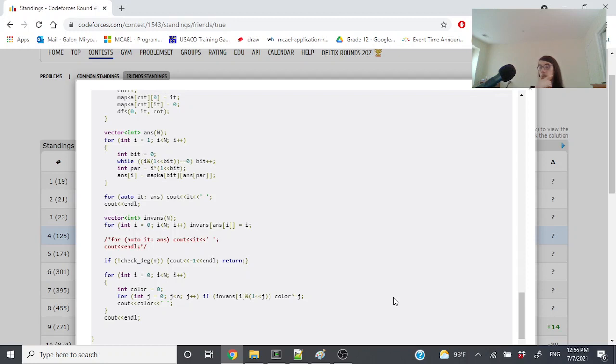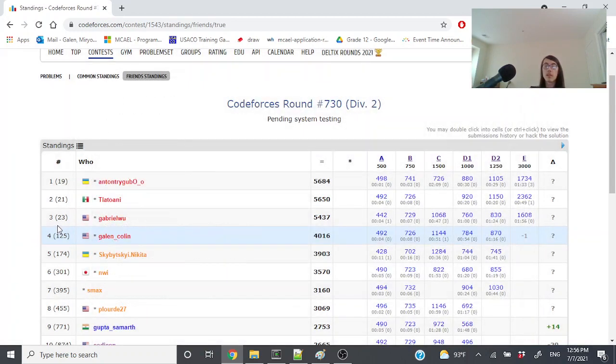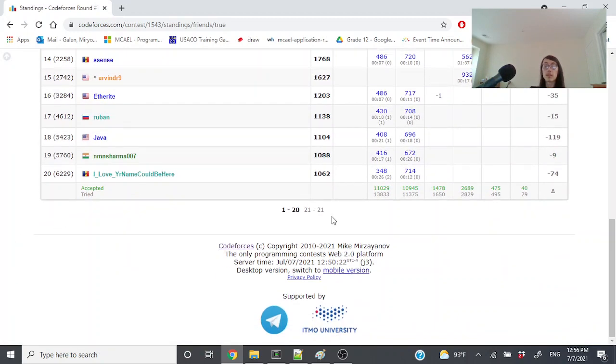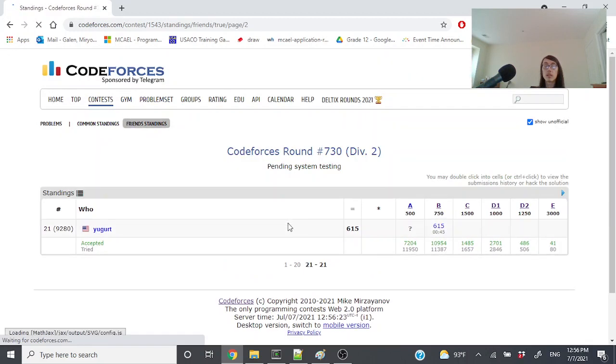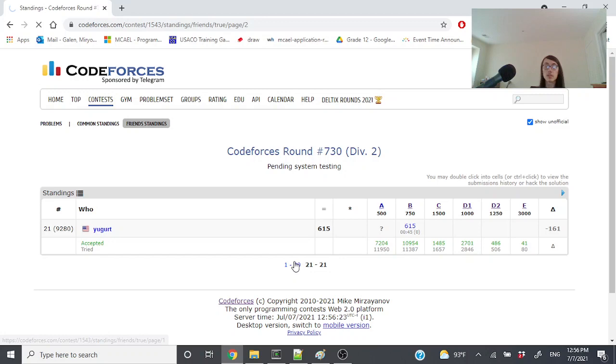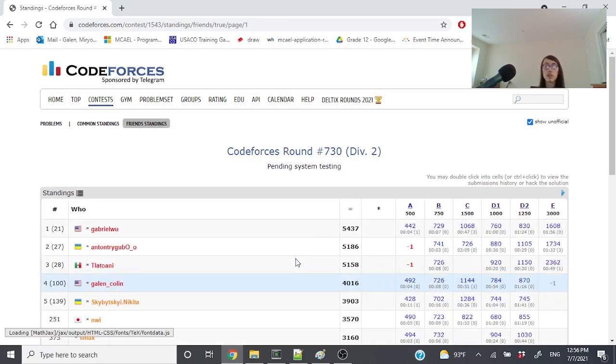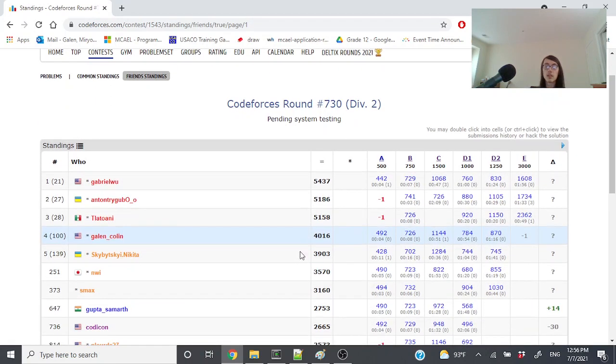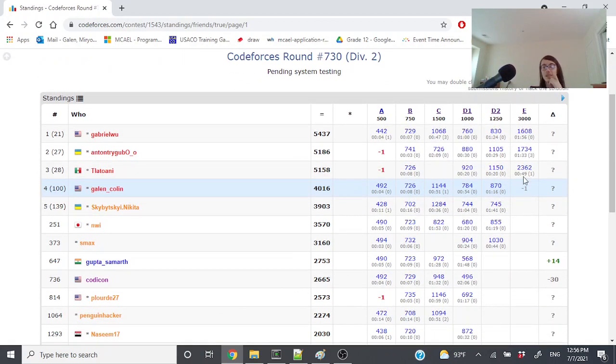That would work. I don't get how you derive that. System tester happening. Nice, my rank goes up because I solved A slowly.